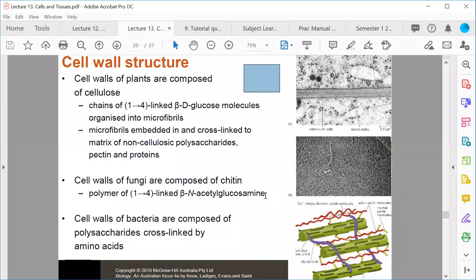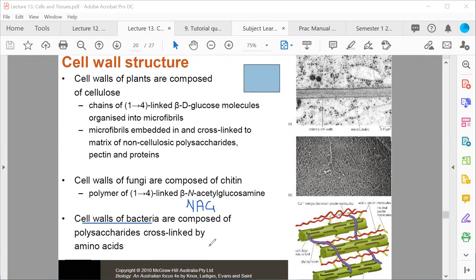So the main component of chitin, that is the building block, is N-acetyl glucosamine, which, as you can imagine, we abbreviate to NAG. NAG, N-acetyl glucosamine.